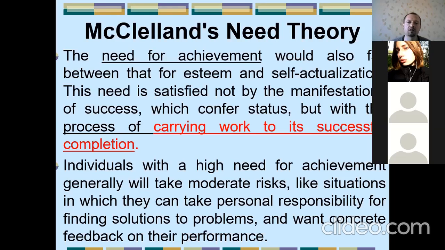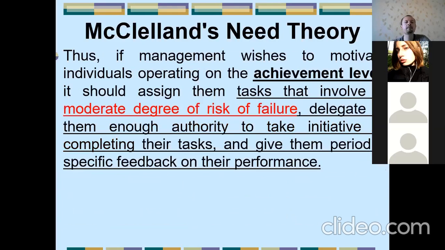So in this very case, if you stress the successful completion of some work, you will motivate your subordinates. And to use this need, you have to keep in mind that you have to set not a very high degree of risk, because if the degree of risk is very high, your subordinates will be afraid of working on some task.